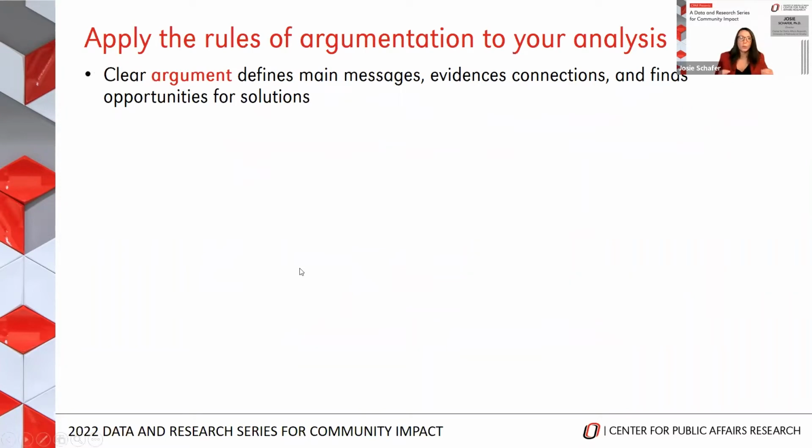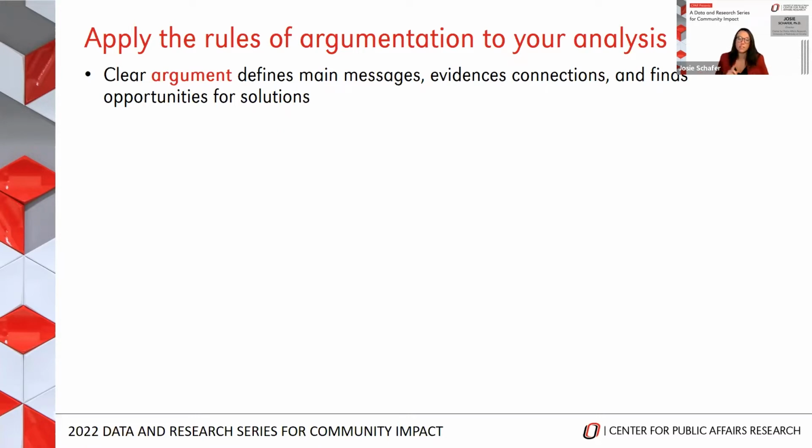So apply the rules of argumentation to your analysis. Argumentation is this broad field, legal scholars use it, philosophy scholars use it, right? That logic, rational decision-making models. I think we all know that arguments have a particular flow, but sometimes we get in our data brains and we don't quite think about exactly where the data leads.